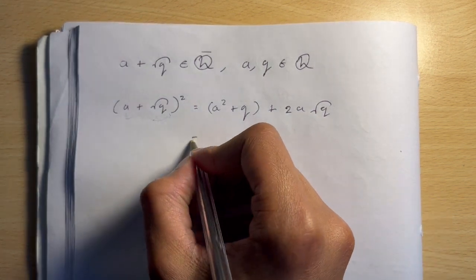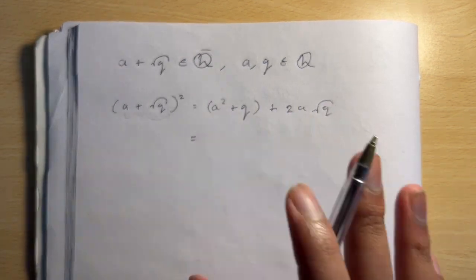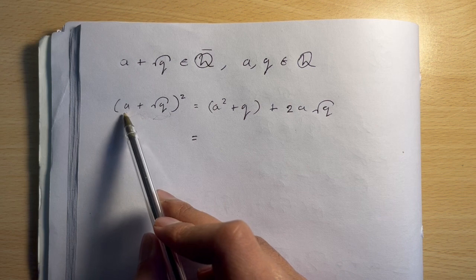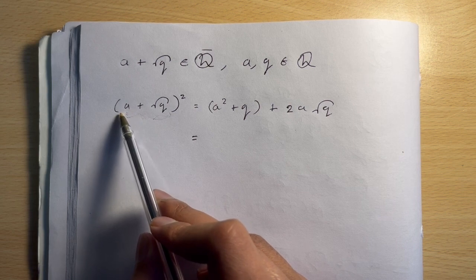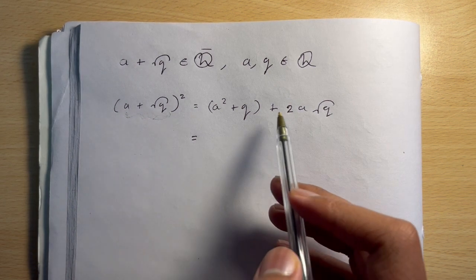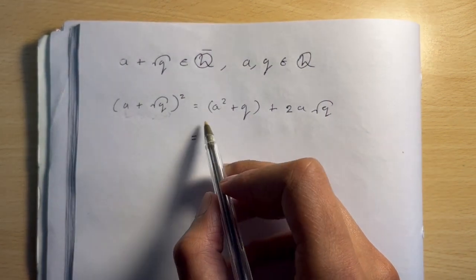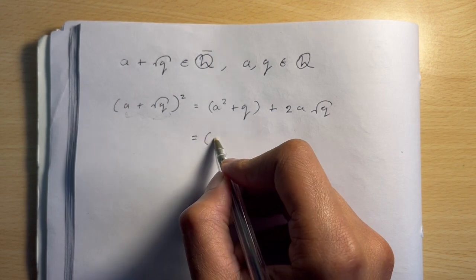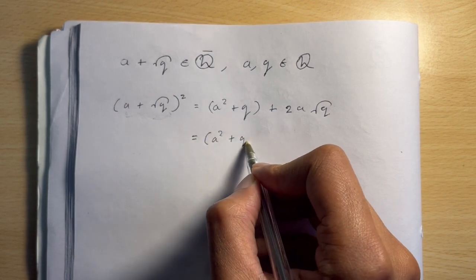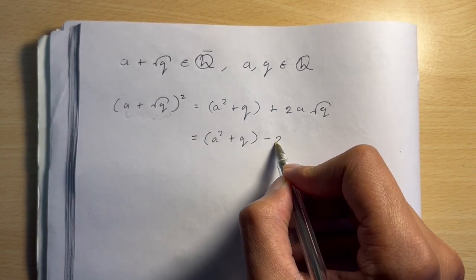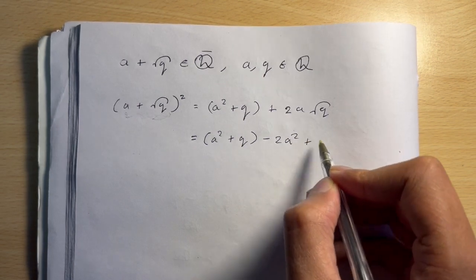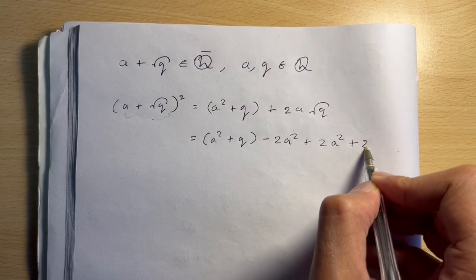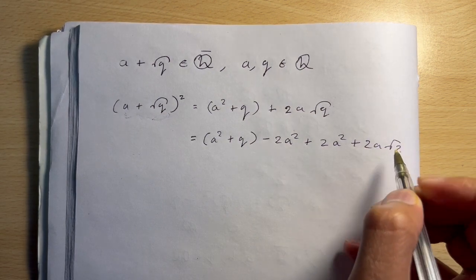In fact, we don't need to multiply anything. We just need to subtract and add on 2a squared. Let's just go with me for a second. We're going to subtract and then add on 2a squared, and you'll see why in a minute. So minus 2a squared plus 2a squared plus 2a square root of q.